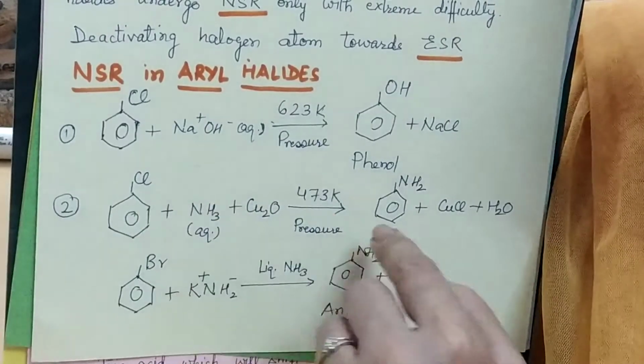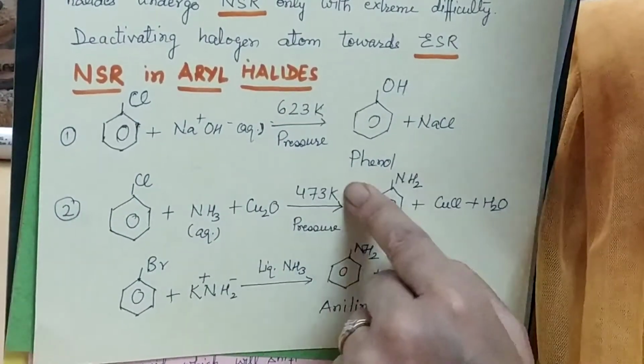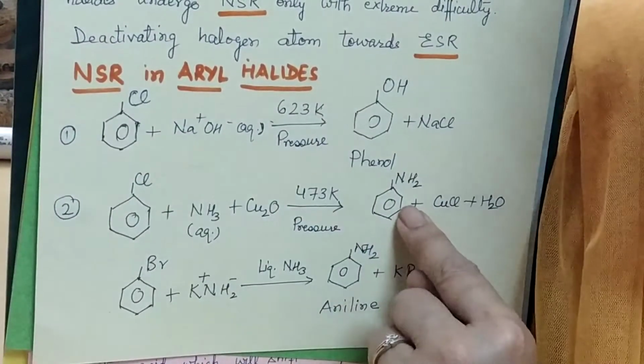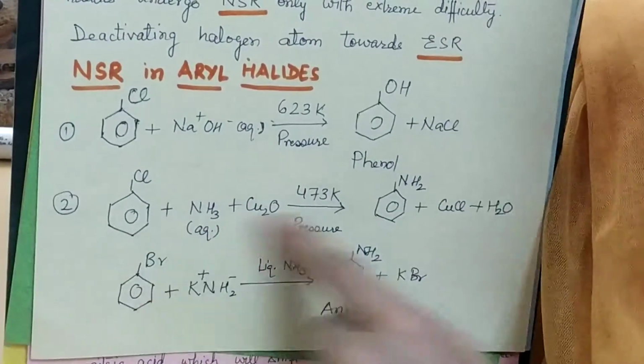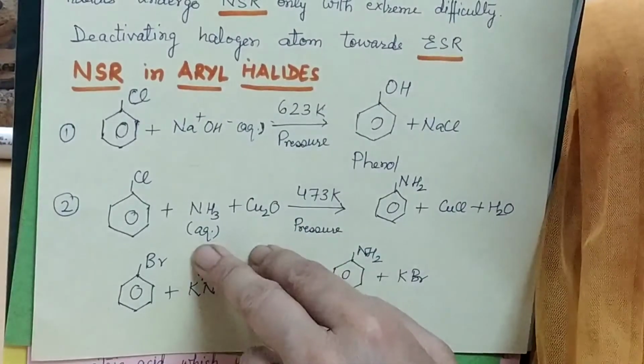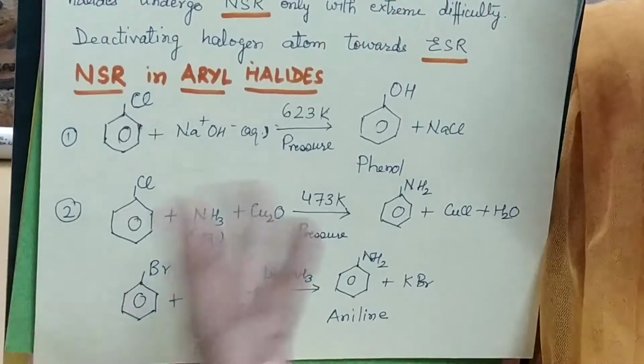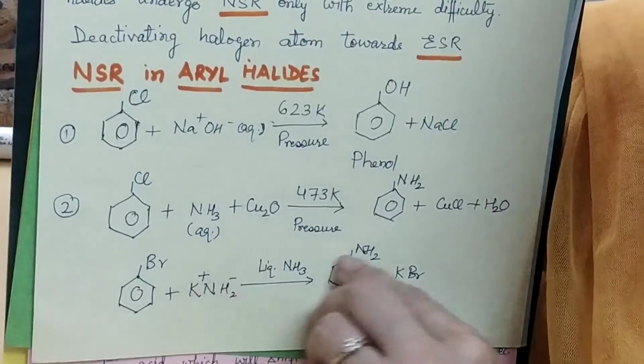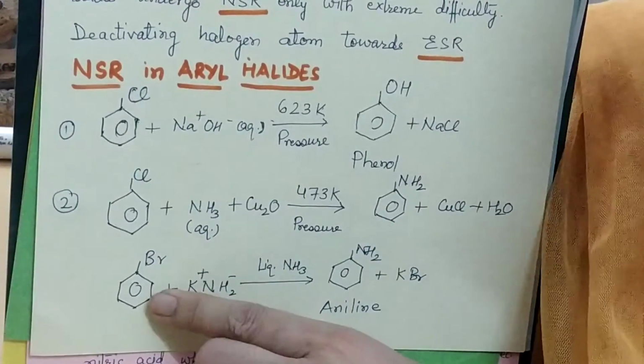That is a kind of nucleophilic replacement of this Cl group by the nucleophile NH2. Now, have you seen this reaction? If you remember the case of alkyl halide, simple treatment with ammonia yielded amines. Here I obtain aniline with such great difficulty.